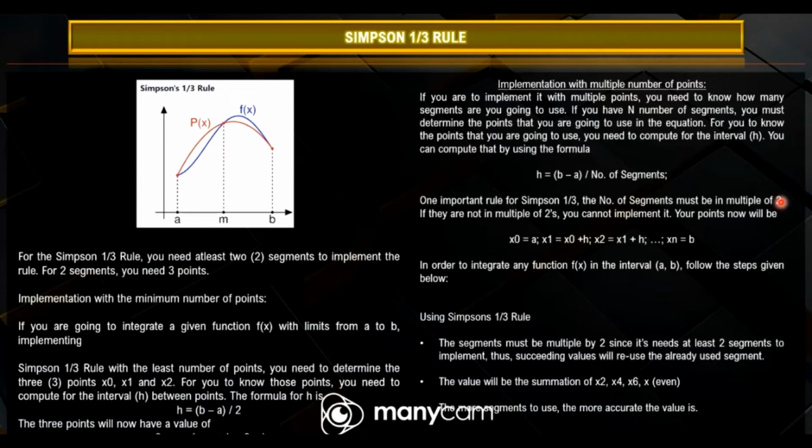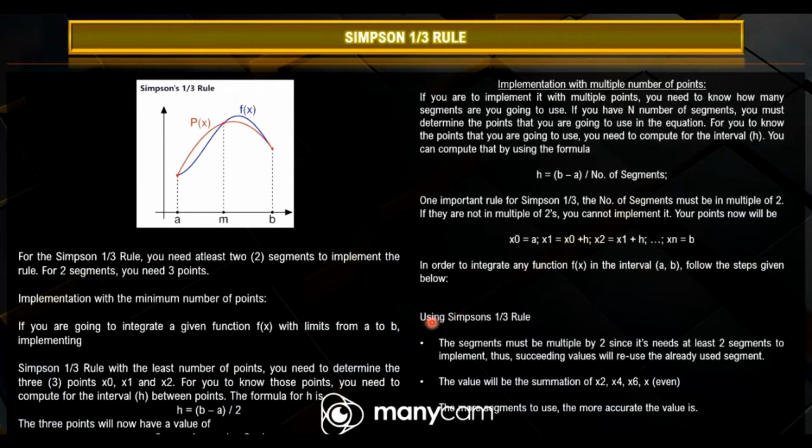We will discuss later why it should be a multiple of 2. Your points will be x0 equals a, x1 equals a plus h, x2 equals x1 plus h, up to xn equals b, until your value of x becomes the last value, b, as given.